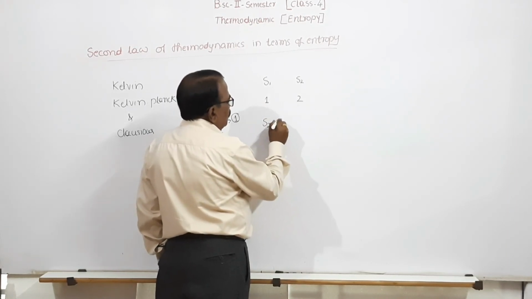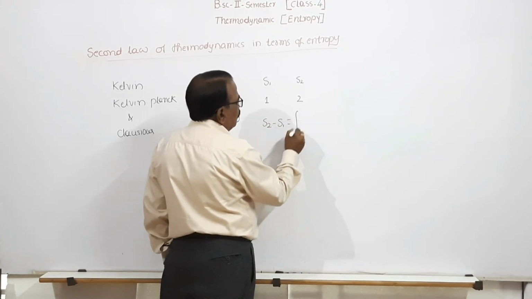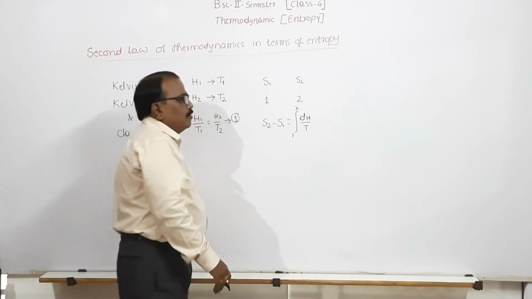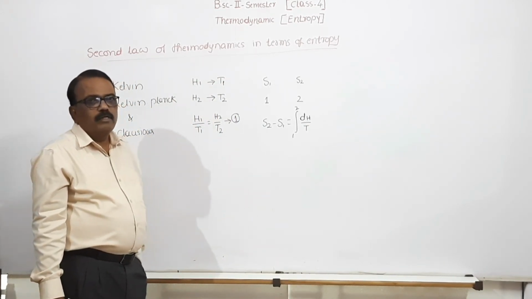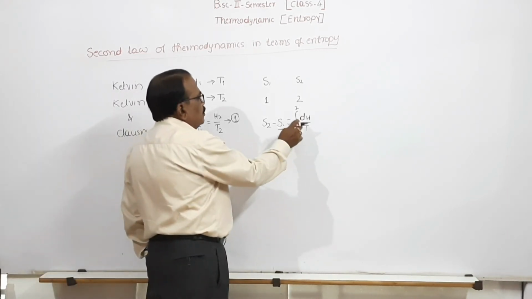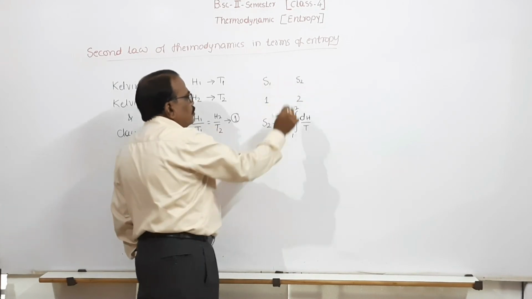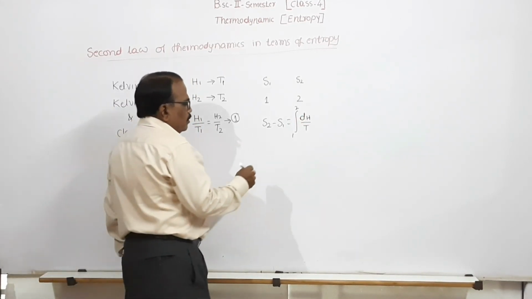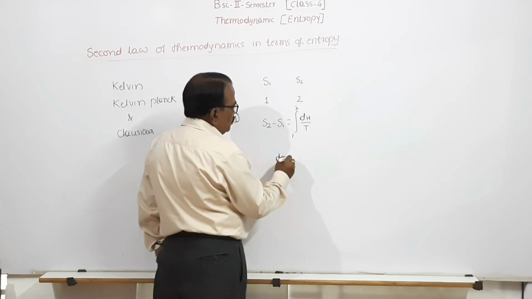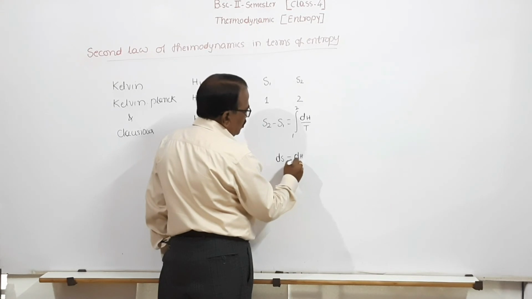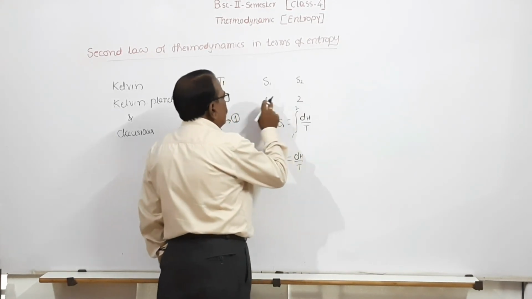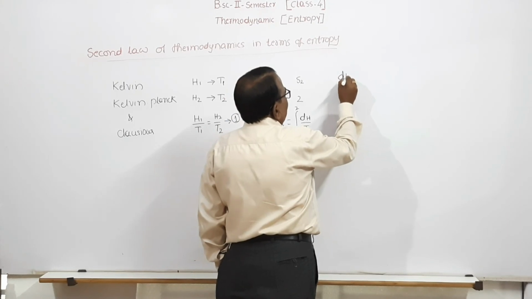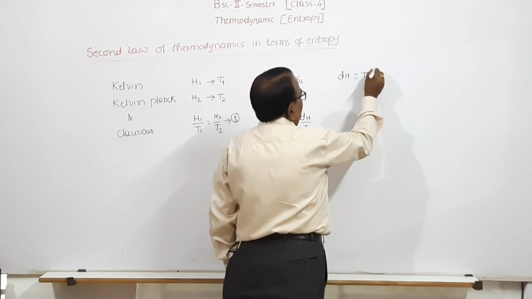This is written as S2 minus S1 is the integration from state 1 to state 2 of dH upon T, where dH is the amount of heat absorbed or rejected at temperature T. If states 1 and 2 are very close, this can be written as dS is equal to dH upon T. Then dH is equal to T into dS.